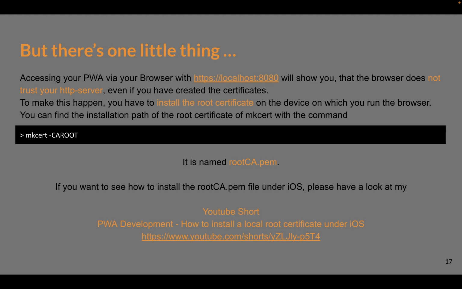You have to install the root certificate of the system where you have installed your certificate authority via mkcert. You can find the installation path of the root certificate with the command mkcert -CAROOT. It's called rootCA.pem. But how do you install this root certificate on your mobile device?